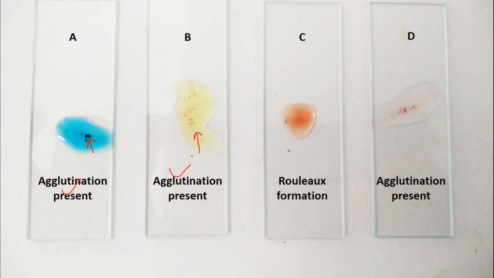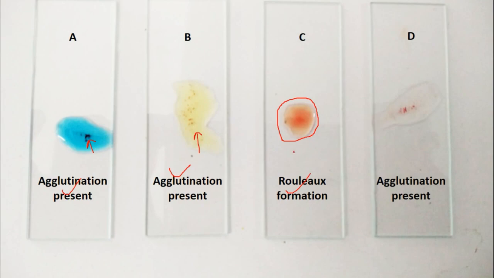Slide number C only has the normal saline plus blood solution, so there is never any type of agglutination in this slide. In slide number C only you will find the rouleau formation, meaning the property of RBCs sticking to each other just like a stack of coins.